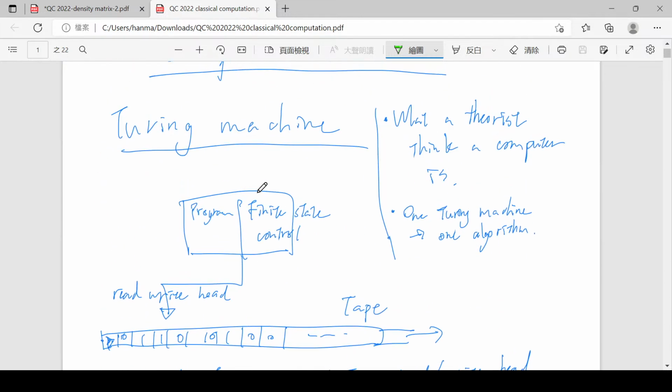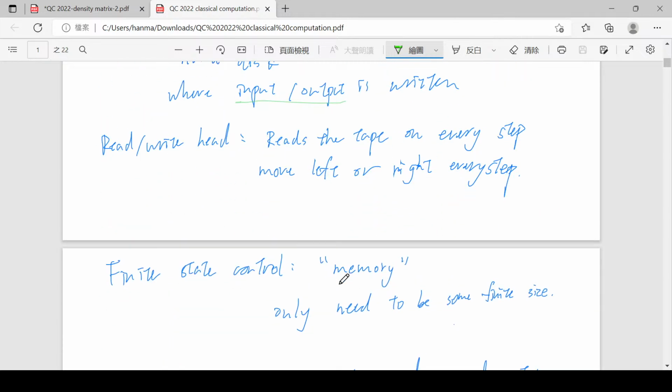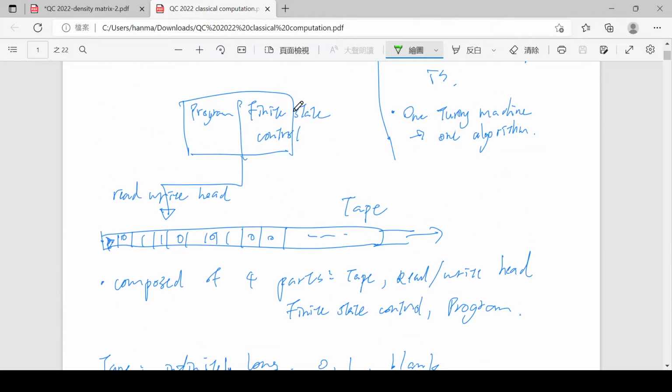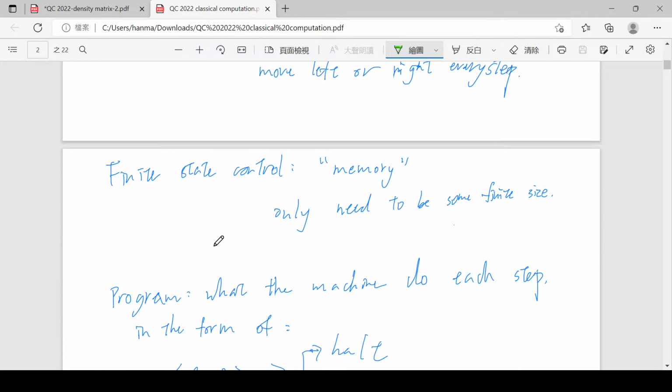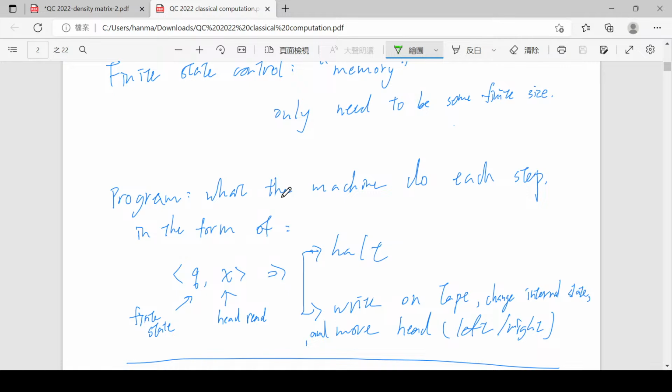So there is some finite size memory here, and the finite here is compared to this infinitely long tape. So the finite is just enough to hold your program.